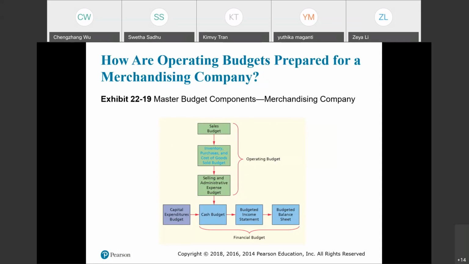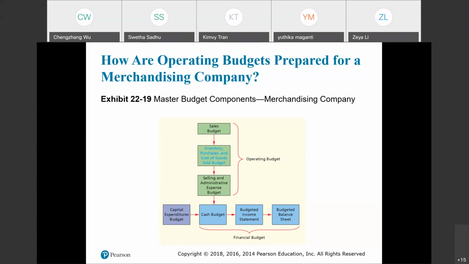And again, what is the difference between merchandising companies and manufacturing companies? Well, the only difference is that manufacturing companies make products on their own, while merchandising companies do not manufacture products.